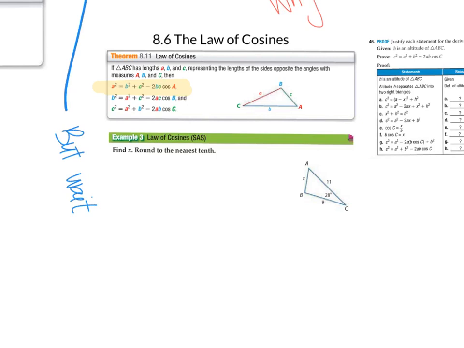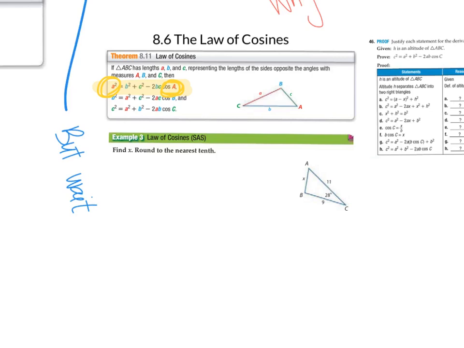So here in my law of cosines, I have an a squared equals, and I have a cosine of A. And so if you either have or are trying to solve for an angle or a side, that's what you're going to have to use as the a squared or as the cosine of A.